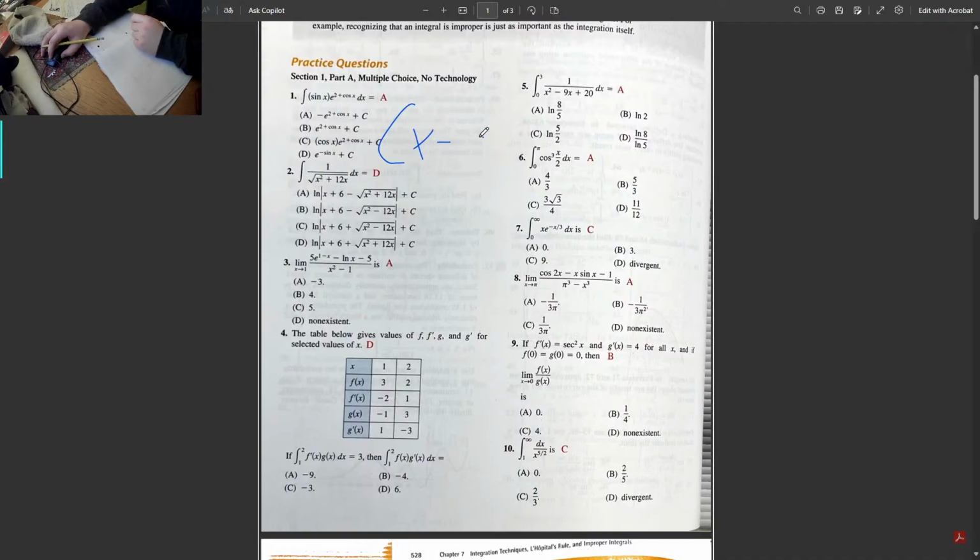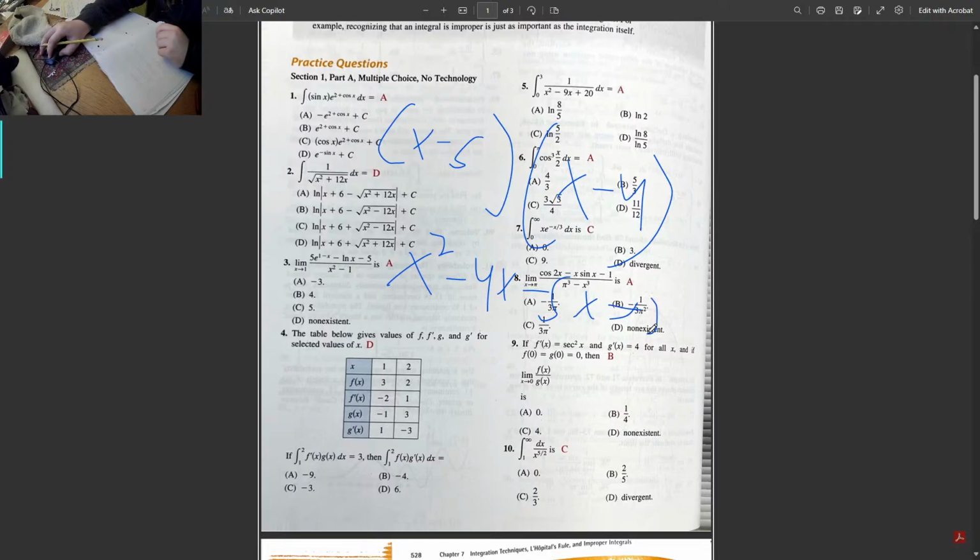So x minus 5 times x minus 4. You have to do something called FOIL: first, outer, inner, last. You have to multiply every value by one another eventually. So x squared minus 4x minus 5x plus 20. Yeah, I factored correctly.